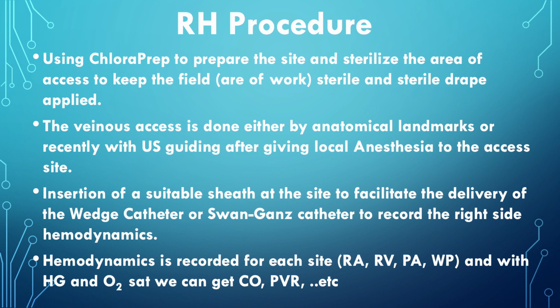On each chamber of the heart on each side, the pressure gets measured, and we can collect blood samples to calculate the cardiac output and the peripheral vascular resistance, but we have to have certain numbers, including the hemoglobin and oxygen saturations in multiple sites.